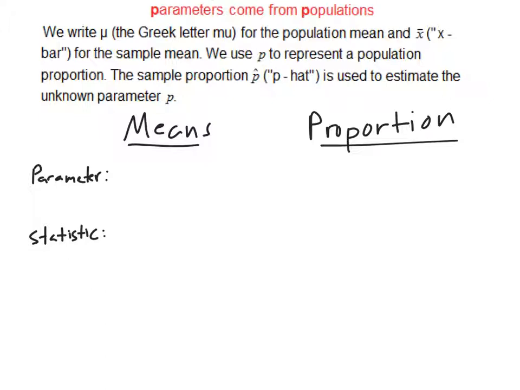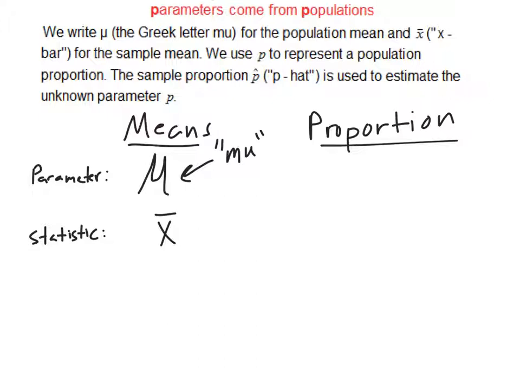For means, neither one's going to be new. We just haven't worried about keeping them straight. Looks like a big cursive U. It's a Greek letter, and it's pronounced mu. If you're talking about the population average, you say mu. Okay? If you're talking about a statistic or a mean that you got from a sample, we call that X bar.